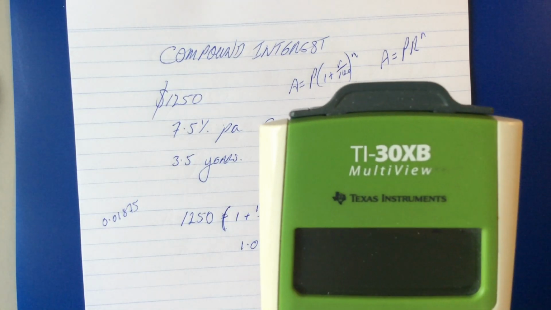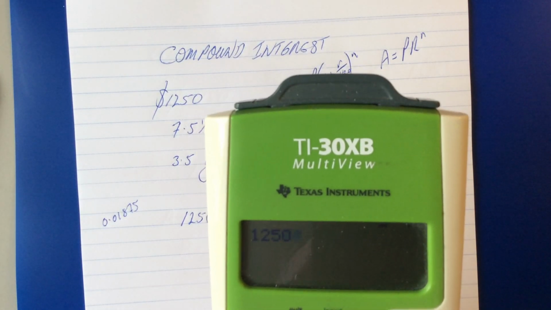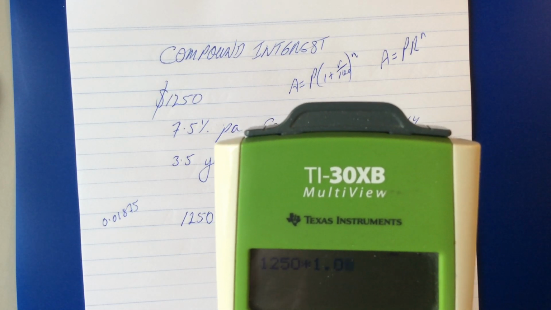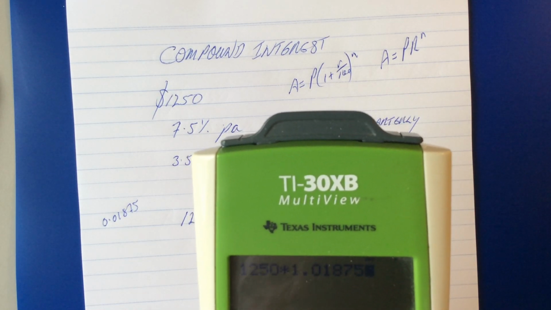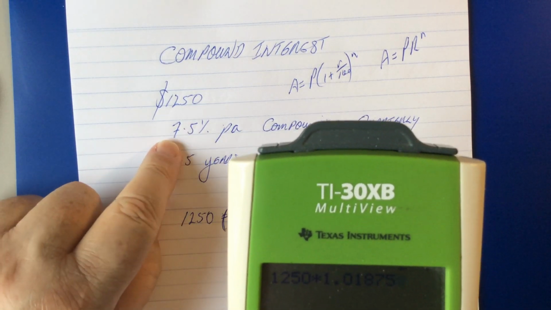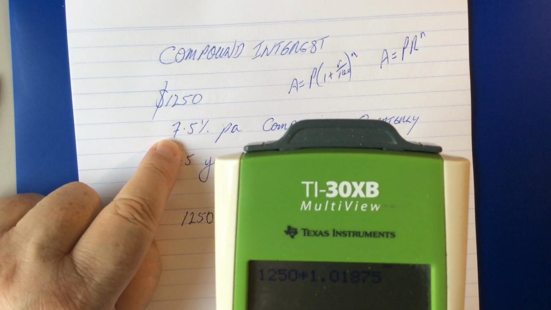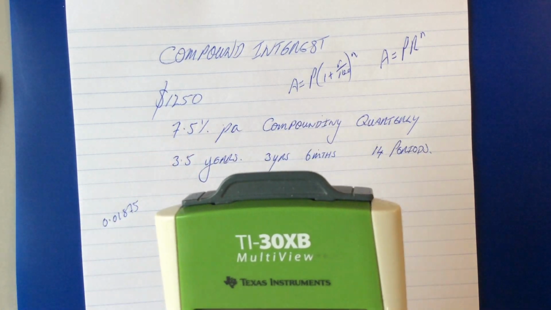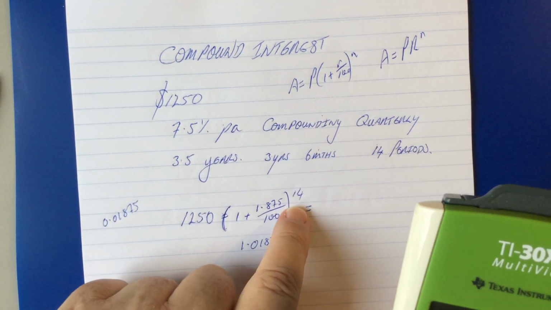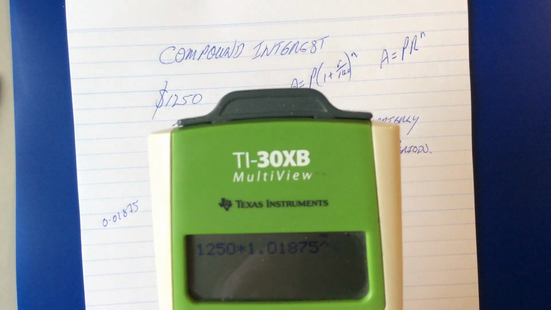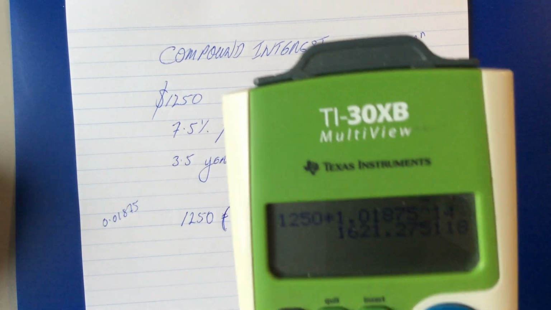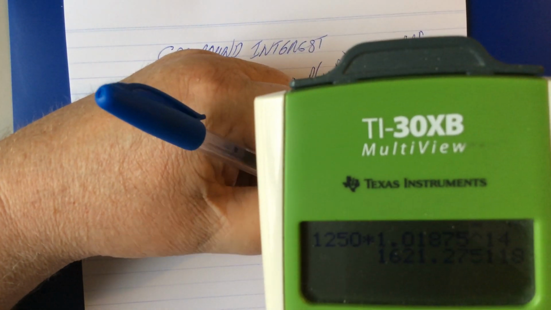Okay, so let's put our numbers in. $1,250 times 1.01875, which is our annual interest rate divided by 4. And we are raising that to the power of 14, the 14 compounding periods. Let's see what we get. $1,621.28.